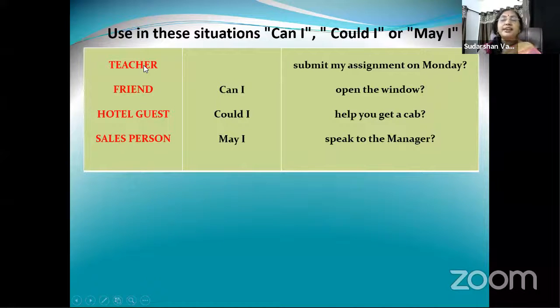Teacher, what is the relationship between you and a teacher? Generally formal, or a lot depends. I'll very quickly tell you. Now this is another thing that is important.